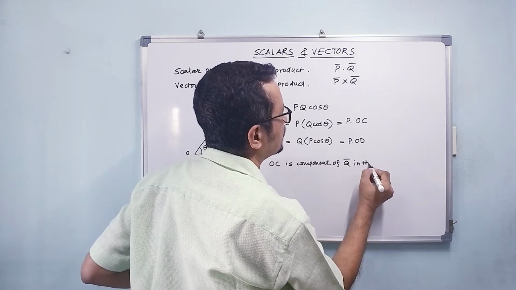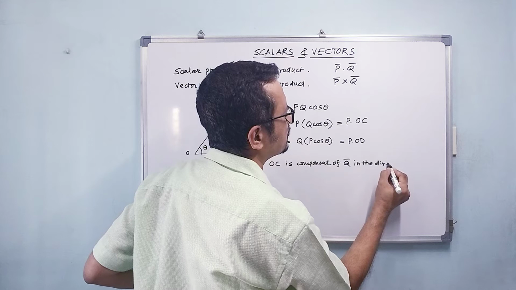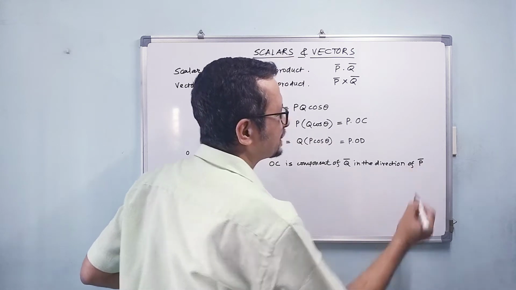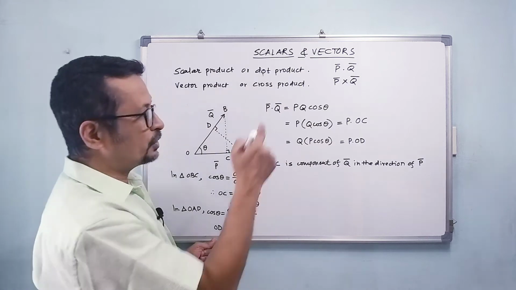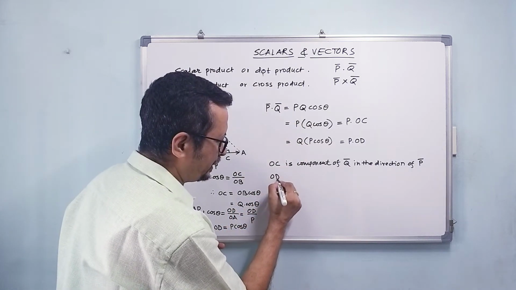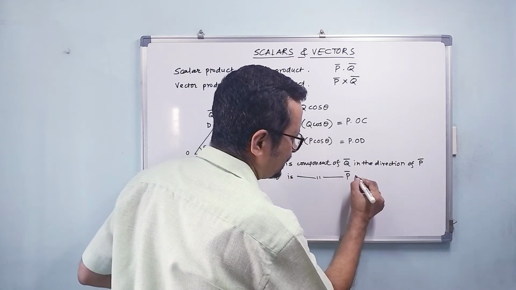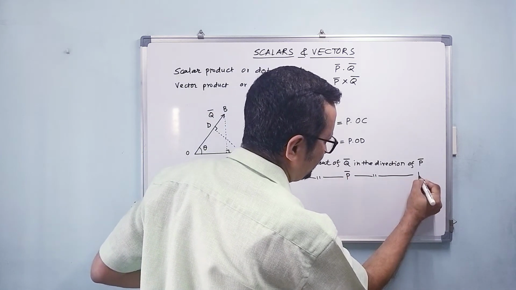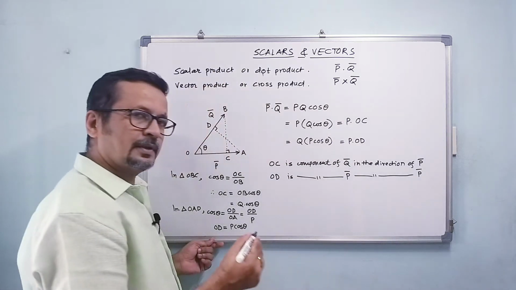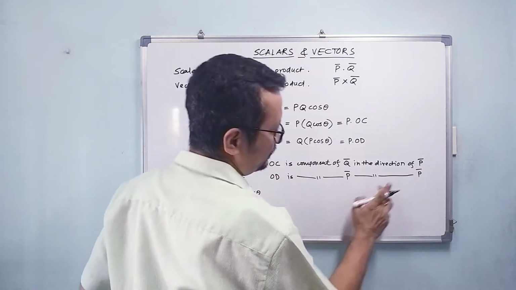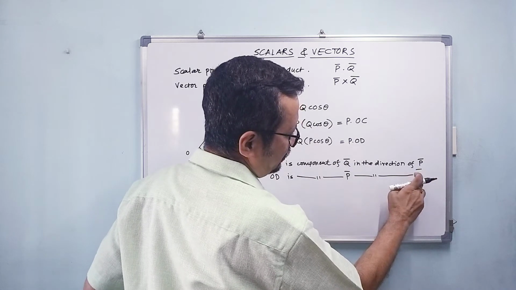OD is the component of P bar in the direction of Q bar.